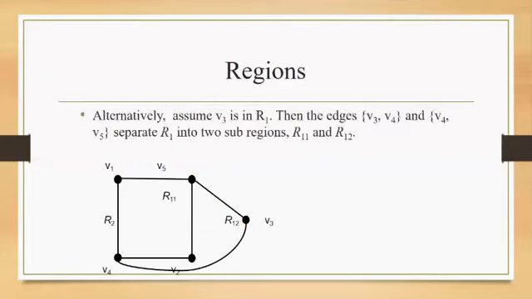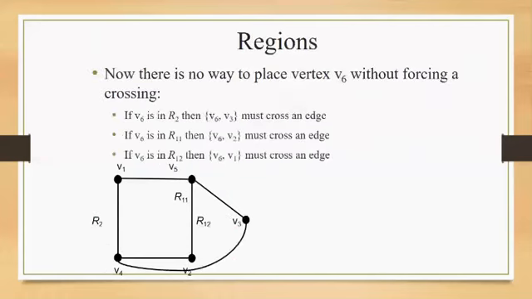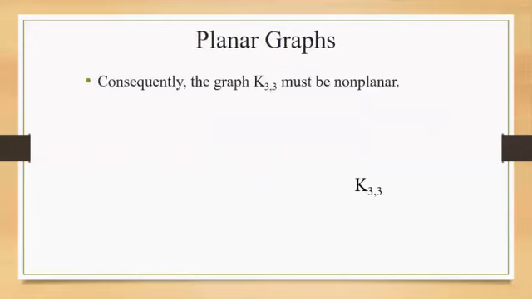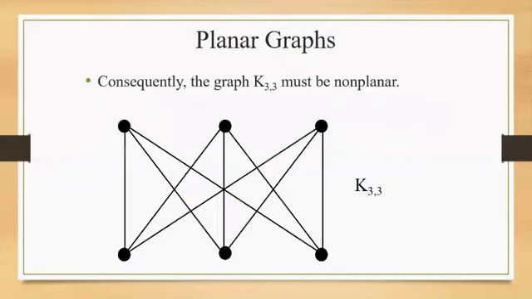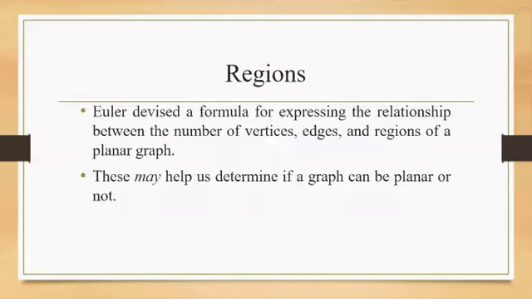Please verify it by yourself. Place V3 outside, check whether you can create a planar representation, and then try to place V6 the same way. So basically, the conclusion is that the graph K33 must be non-planar. We have seen all the scenarios and we are concluding that the graph K33 is not planar.